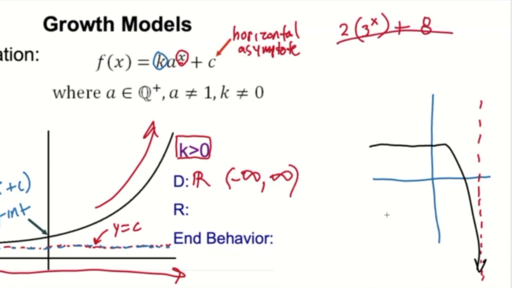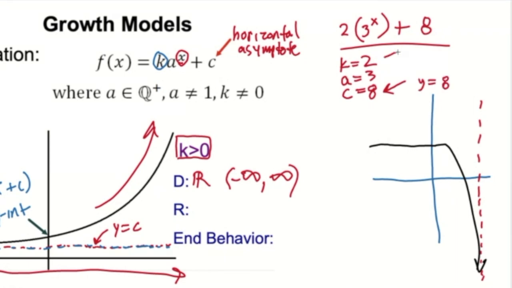So in this equation, my k is 2, my a is 3, and my c is 8, which means this is my horizontal asymptote. This k will tell me what my y-intercept is, because it'll be 2 plus 8, which will give me 10, my y-intercept.